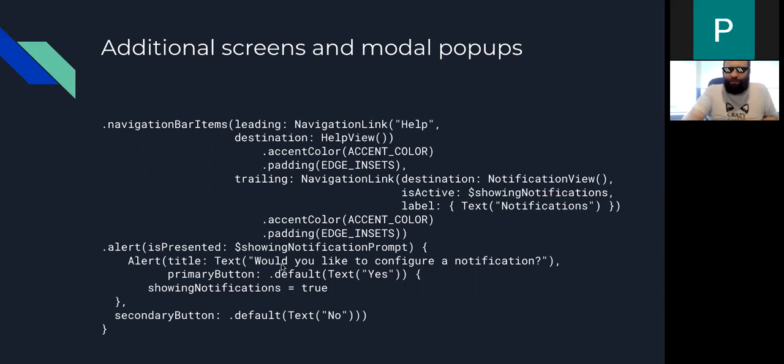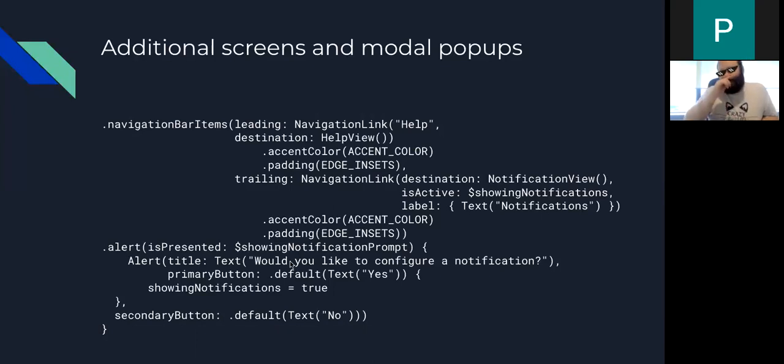So if you do select yes, when it says would you like to configure a notification, it sets this flag to true, which triggers the navigation link's is active binding, and that will actually navigate to that screen for you without you having to click on the notifications menu item. Whereas for help, you've got to click the button.